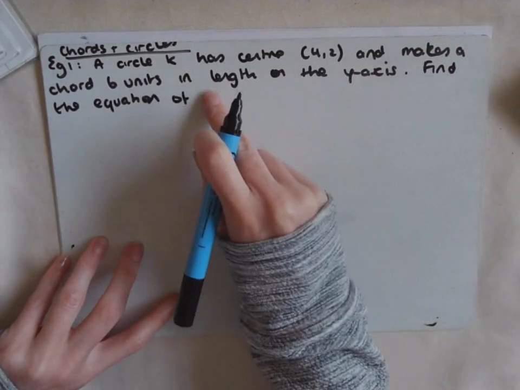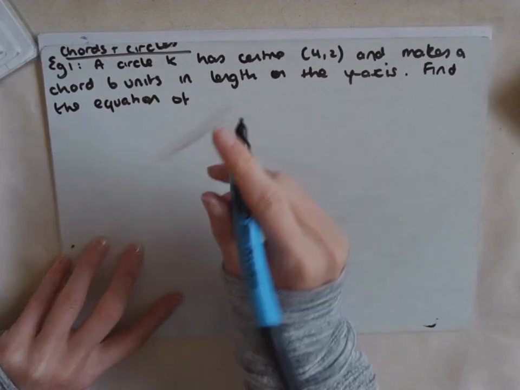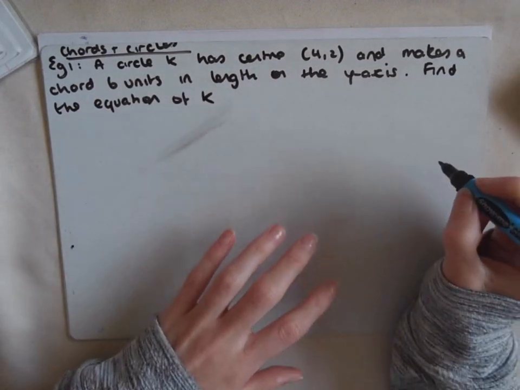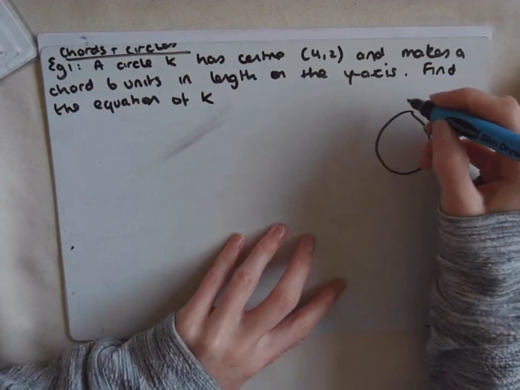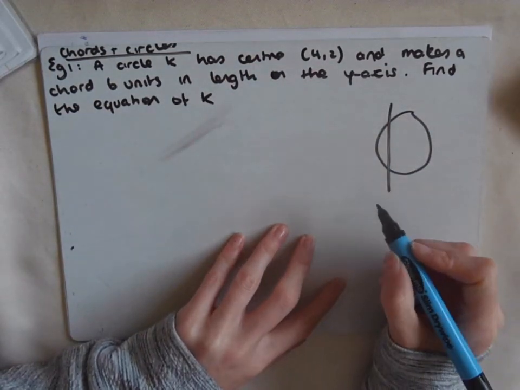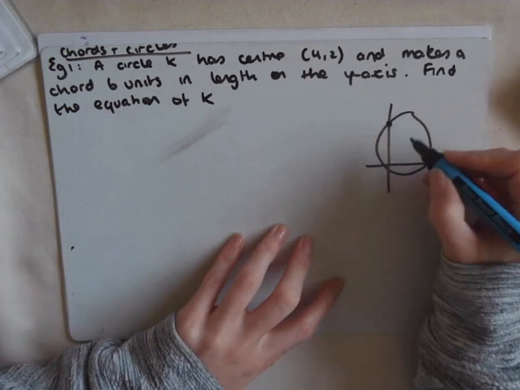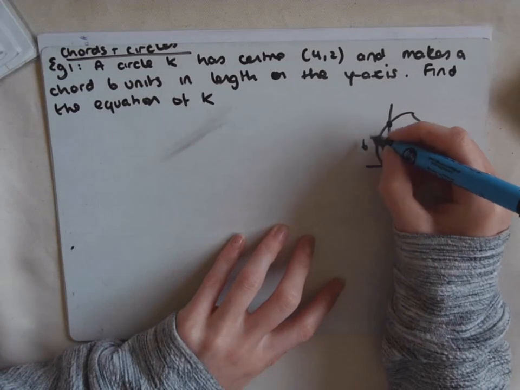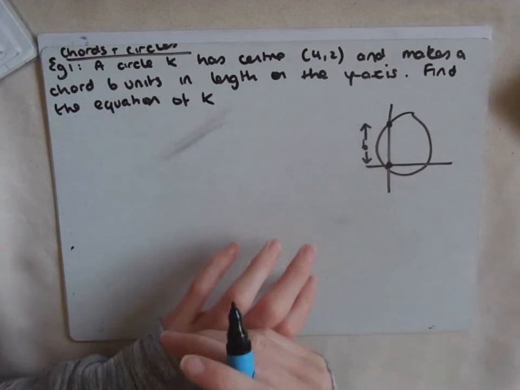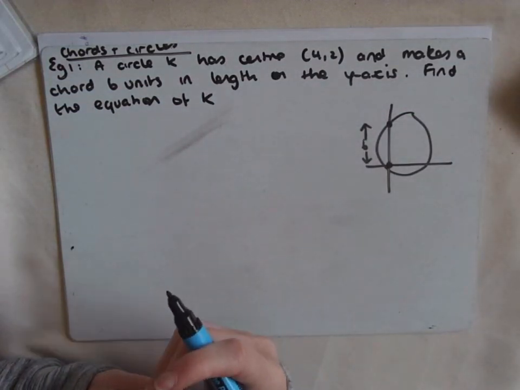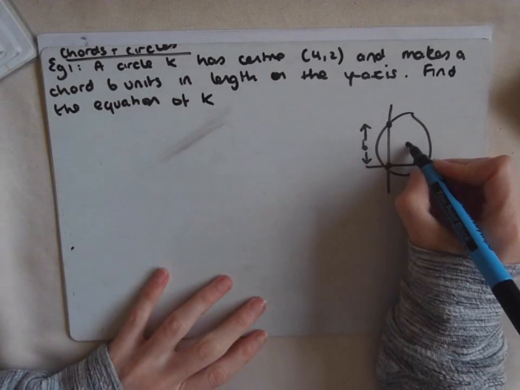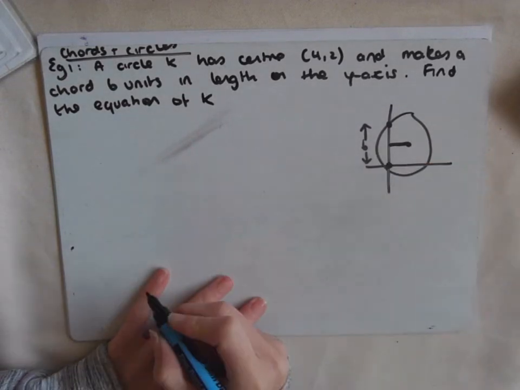So obviously we're looking for the radius. Now, it's a circle, and you know that it makes a chord 6 units in length. So I know that that distance there is 6 units. We also know that the perpendicular from the center to the chord bisects the chord.